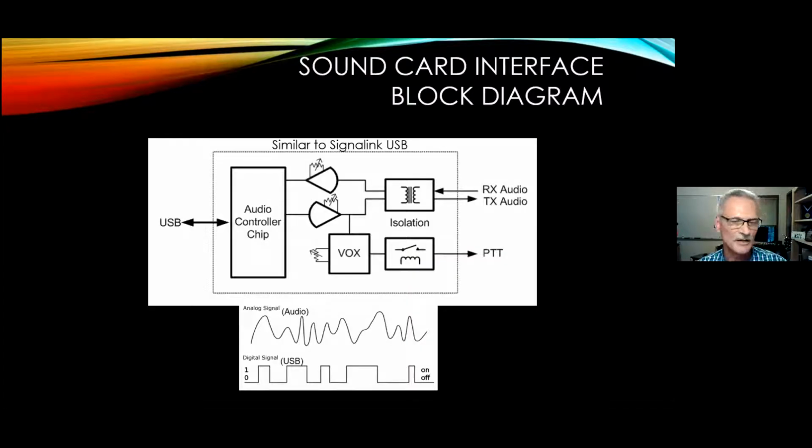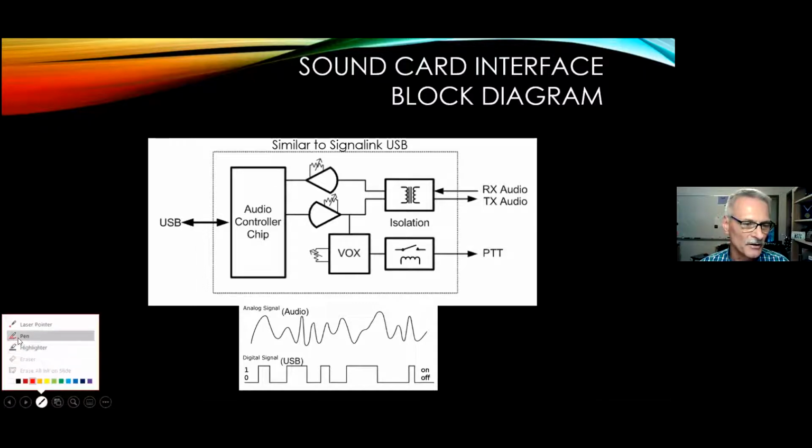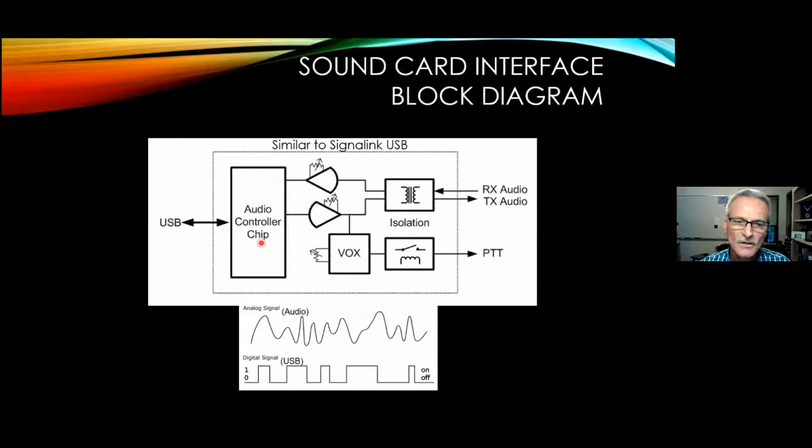Here's kind of a block diagram I drew up of a Signal Link USB-like device. And let me turn on my pointer here. So coming in on one end, we have a USB connection here, and that's going to provide power to the circuitry here, but also the digital signal coming into or going out of the device.